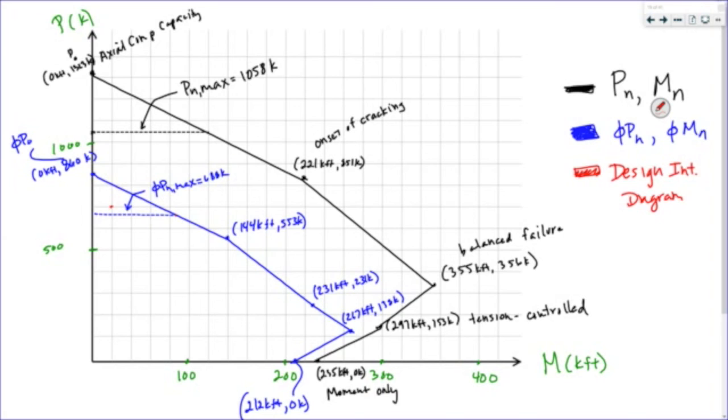So I'm just going to draw a little red line along all of this. It's on top of it, really. This is your design envelope, basically. Everywhere else it's fine. It's just your axial capacity is limited to phi PN max, is what that's saying.